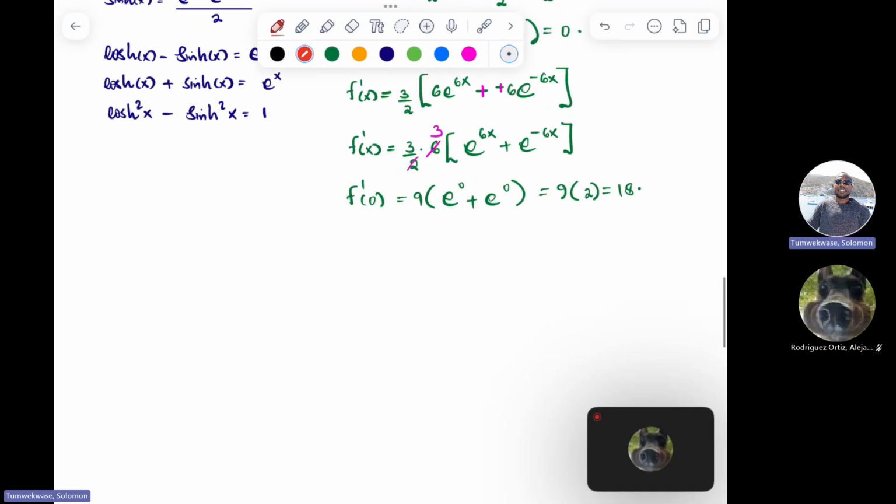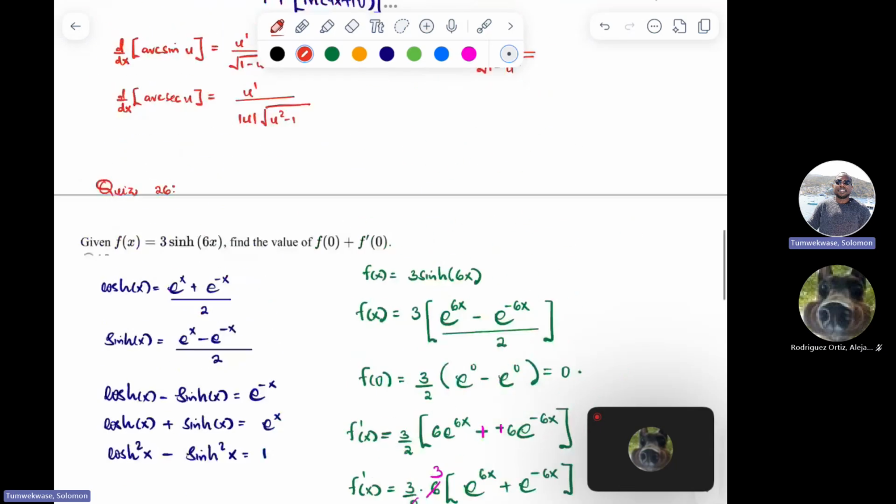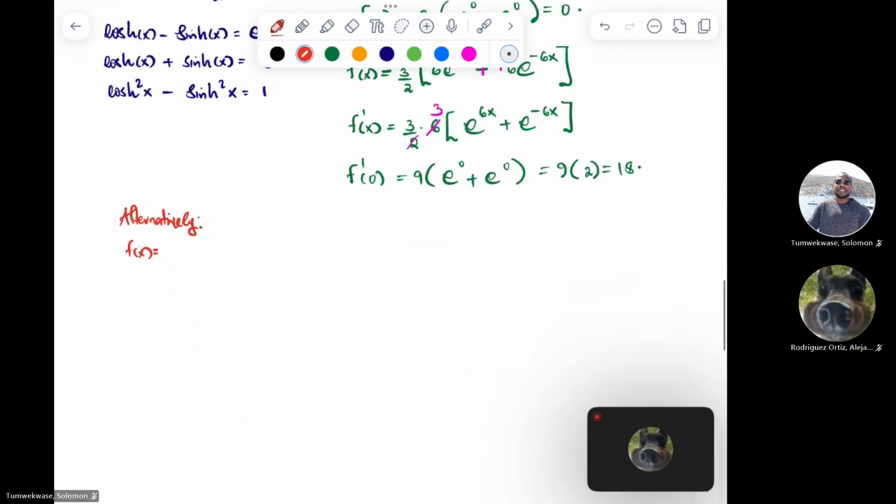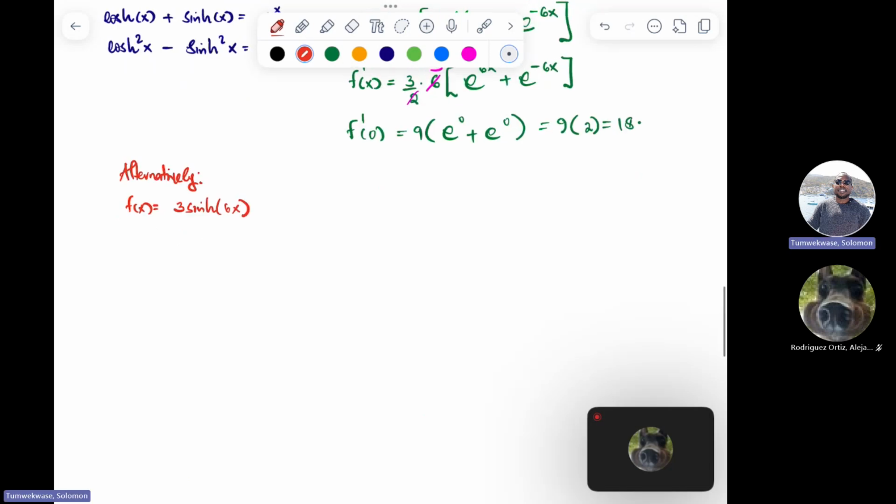Alternatively, if I have f of x as 3 sine hyperbolic of 6x, the derivative of sine hyperbolic is cosine hyperbolic, but I have a 6x here, so I'll use the chain rule as usual. 3 is a constant.